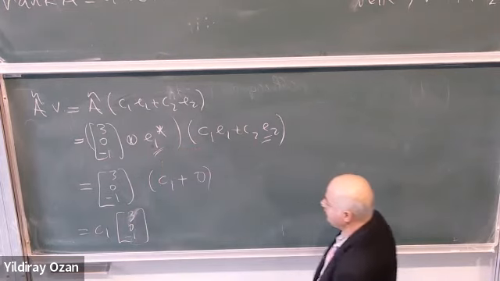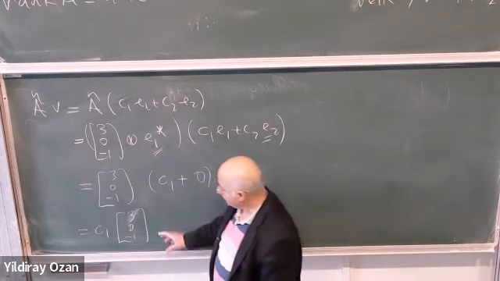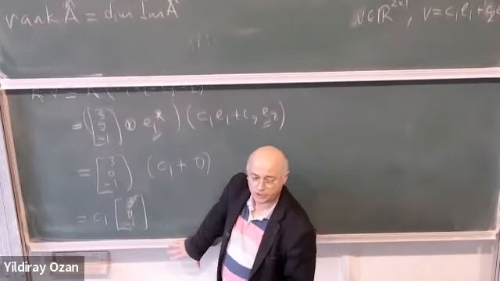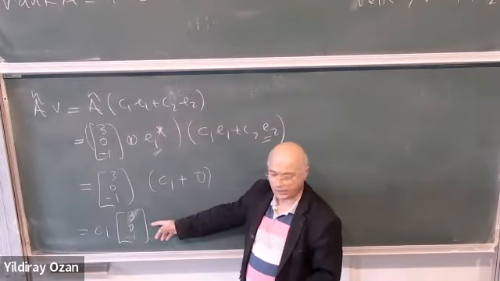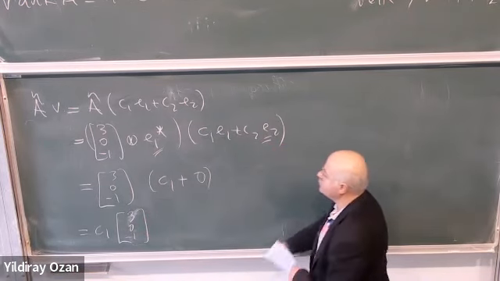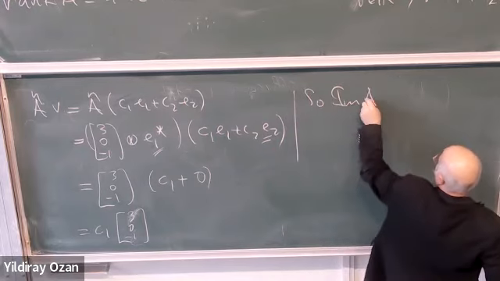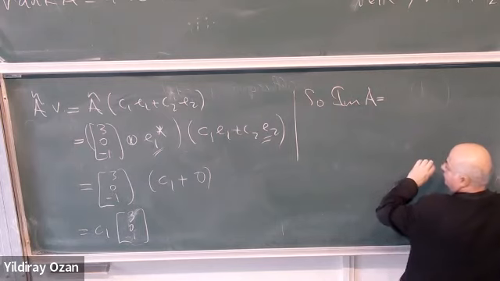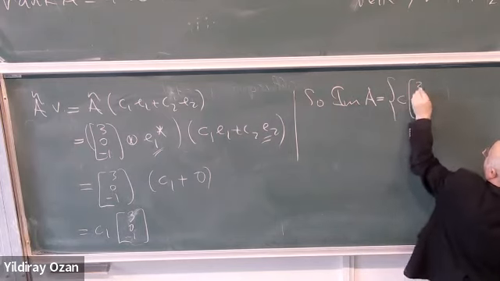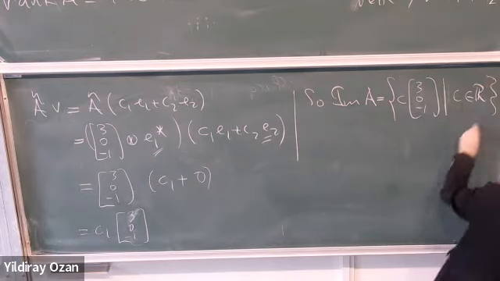So what we see is that anything in the image is just a multiple of this vector. So the image is one-dimensional, right? Any image vector is a multiple of this vector. So the image of A hat is just the set of t times, let's say, 3, 0, minus 1, where t is a real number.